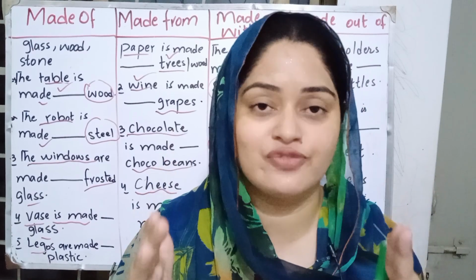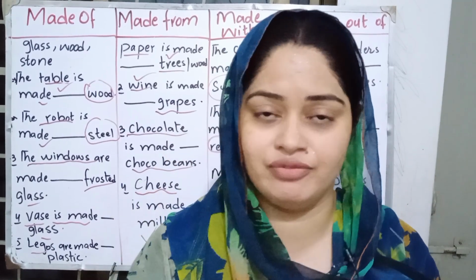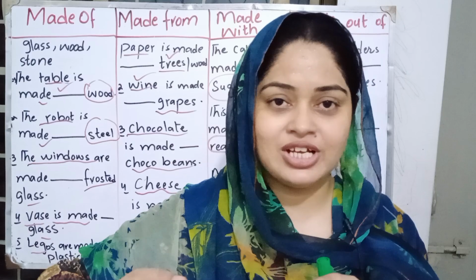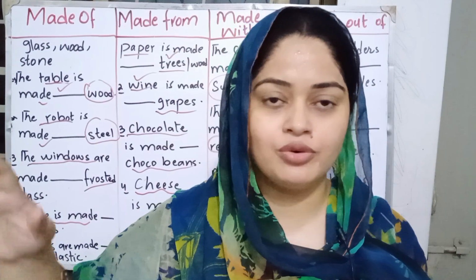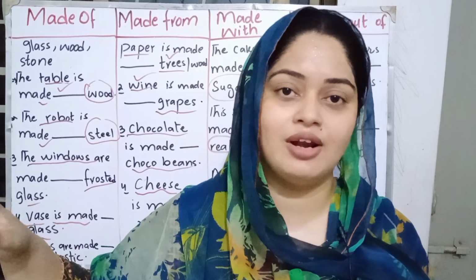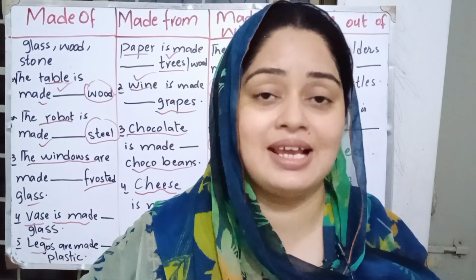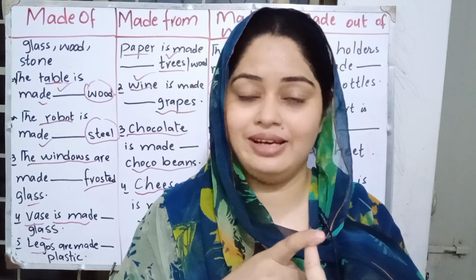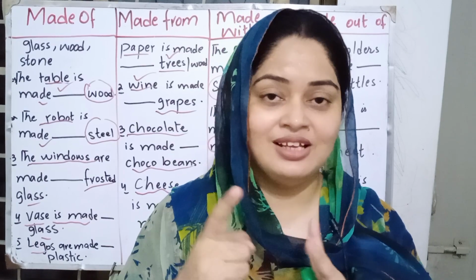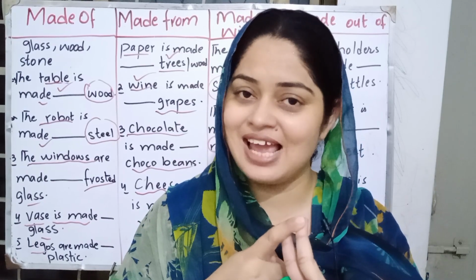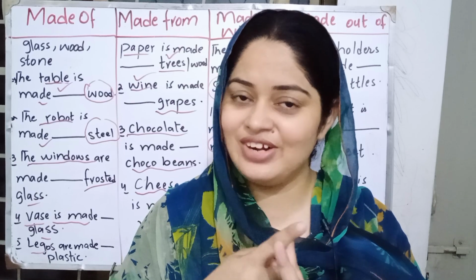We use this phrasal verb made out of when we create something out of a thing that is already made. This process is called recycling. Two things: creativity and recycling.